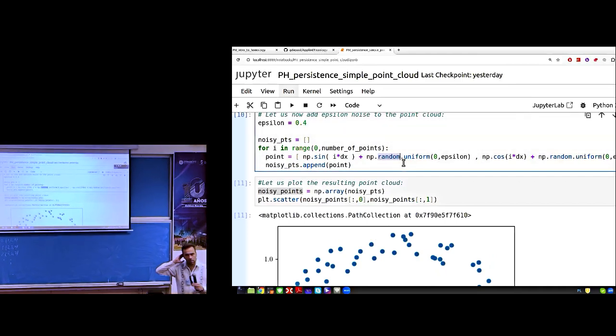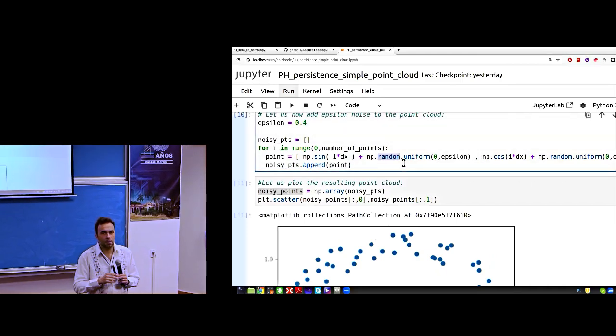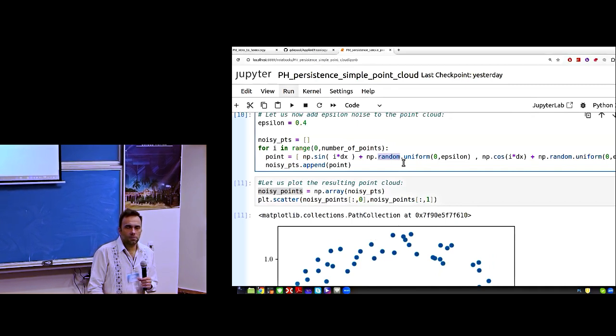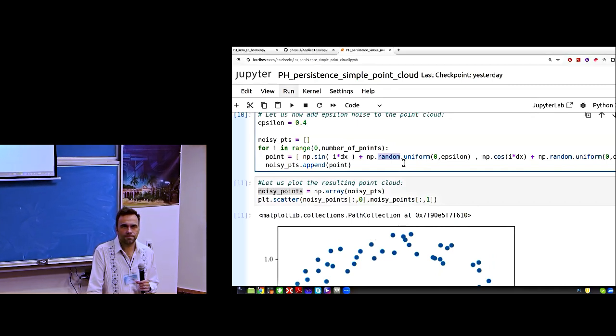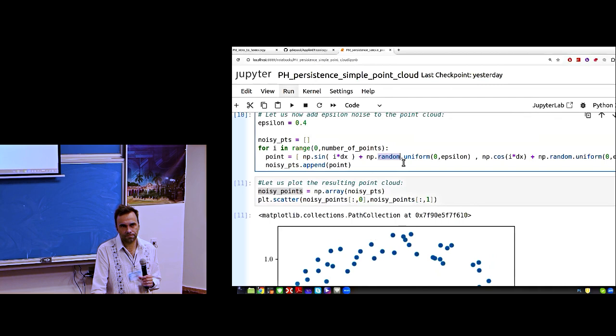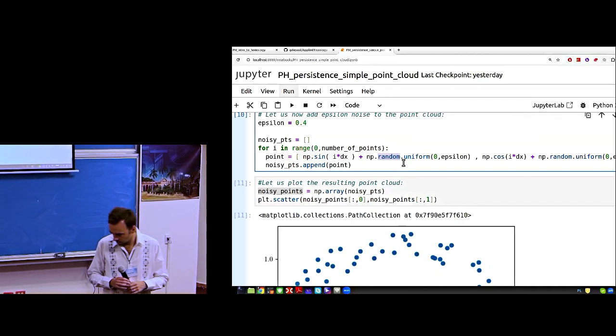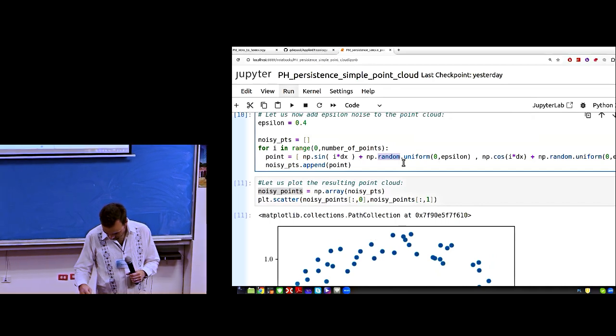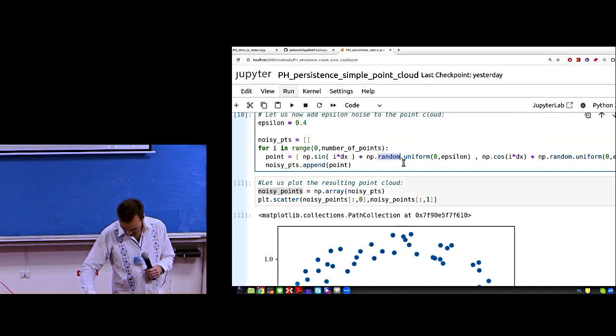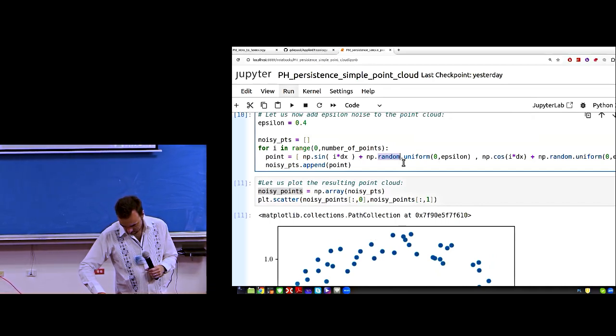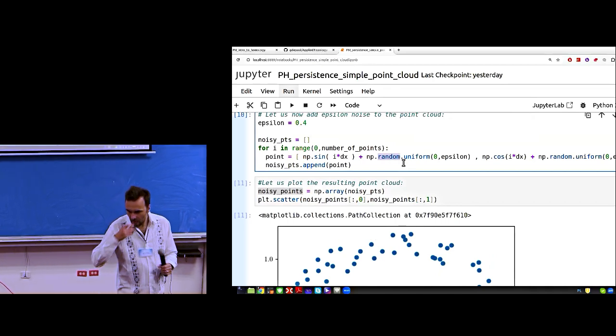So, back in the data set, what kind of noise? Because looking at the diagrams, could you tell me if I start with one or the other?